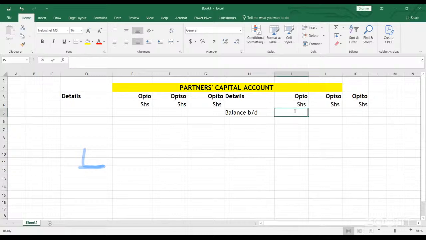Opo is 28 millions. Then Opiso, 25 million 500, 25,100. Then Opito, there is nothing for Opito because Opito was just admitted. So there is no balance for Opito.